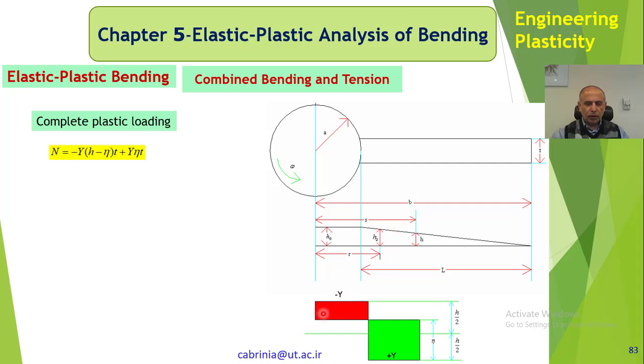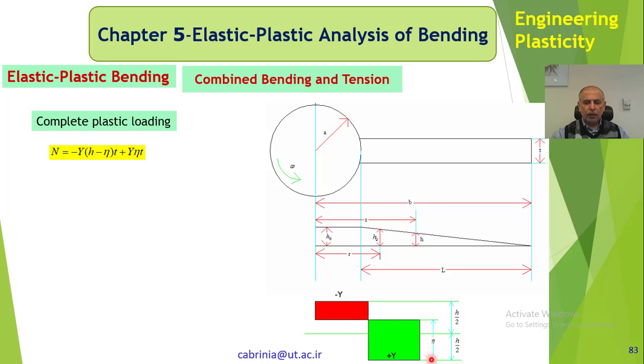So if we assume that the blade or this beam is completely plastic, we would have such a diagram on the section of the beam, okay, so that part of it is compressive and part of it is tensile, because it's bending like that, okay, and that is the neutral axis.